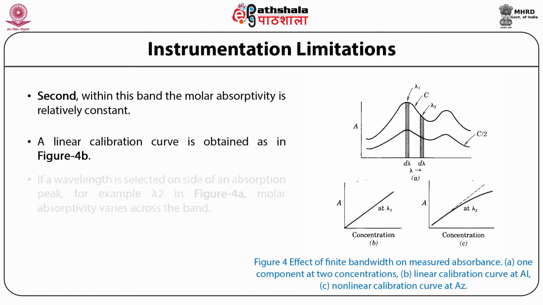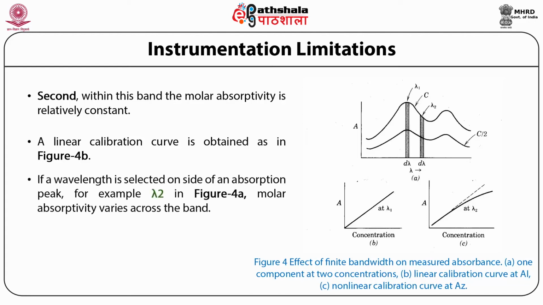However, if a wavelength is selected on the side of an absorption peak, for example, lambda 2 in figure 4a, the molar absorptivity varies across the band. At this wavelength, the system does not follow Beer's law and a curved calibration is obtained as shown in figure 4c.